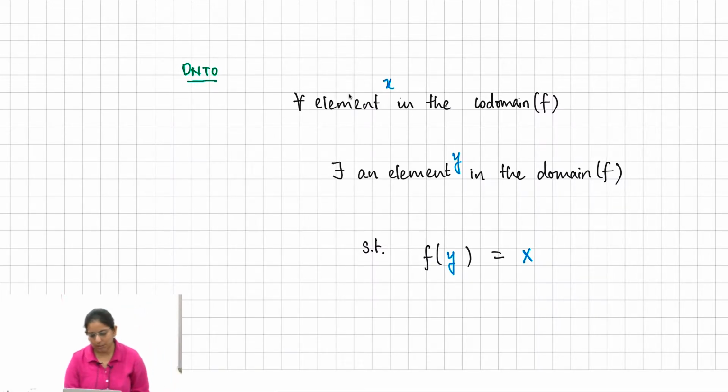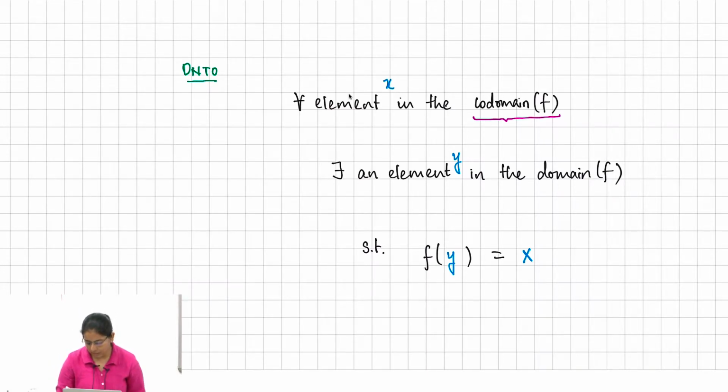Okay, so yeah, thanks for pointing that out. So for us, what is the codomain of the function? So we are looking at f, which is a social choice function. So the codomain is alternatives, and the domain is, what is the domain?